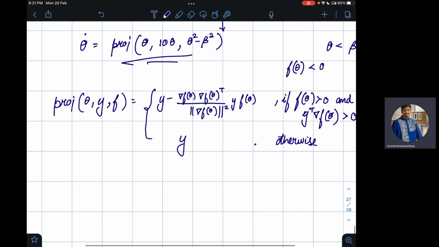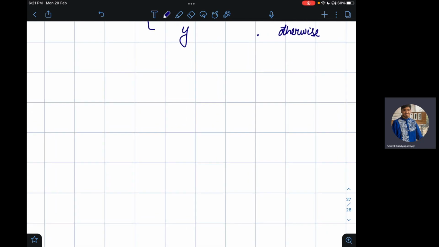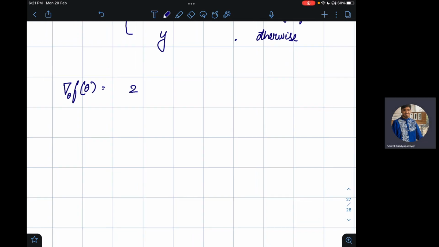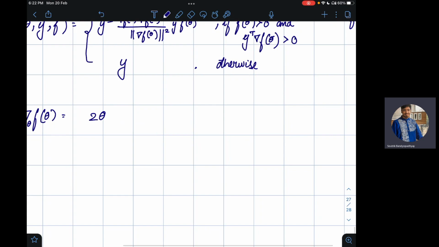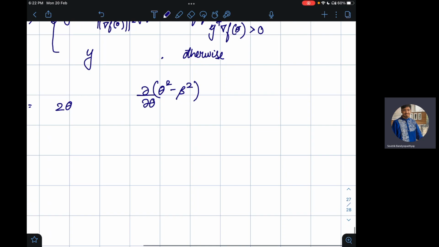When I compute the gradient of f theta with respect to theta, it is nothing but 2 into theta, because theta being a vector, theta square minus beta square, if I partially differentiate with respect to theta, this is essentially differentiation with respect to a vector.